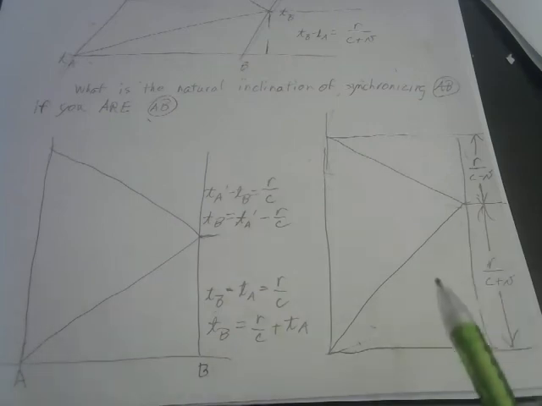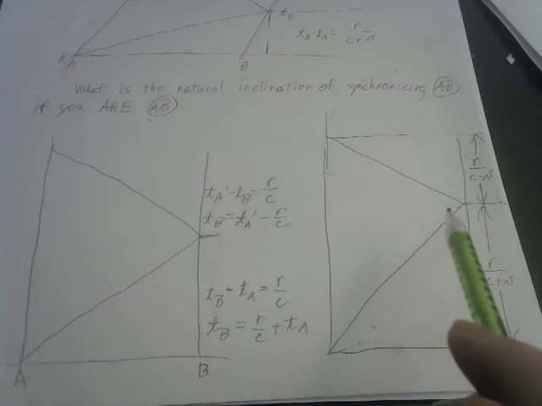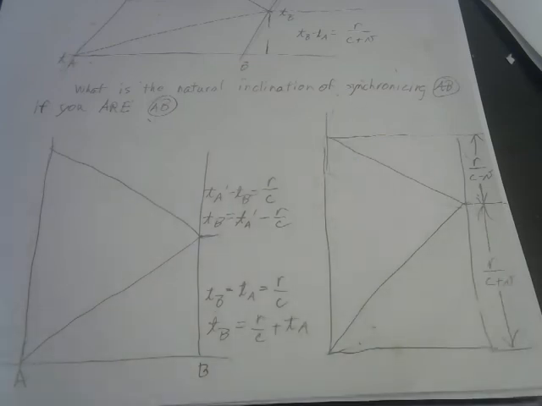He would not voluntarily synchronize his clocks in this way. He simply wouldn't. It would not concern him to synchronize his clocks according to this guy that is going by at velocity v.